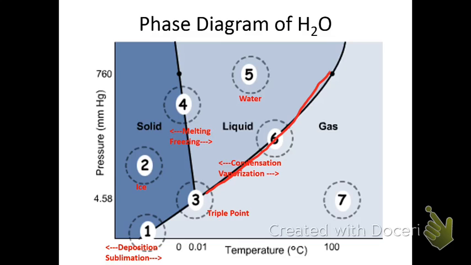Keep in mind that right here is the critical point. Okay, and then 7 is water vapor. That's where we'll have water vapor in the air. So this is how you would interpret a phase diagram of water.